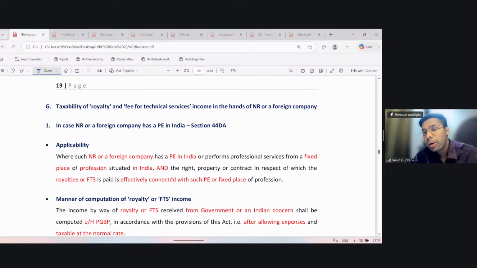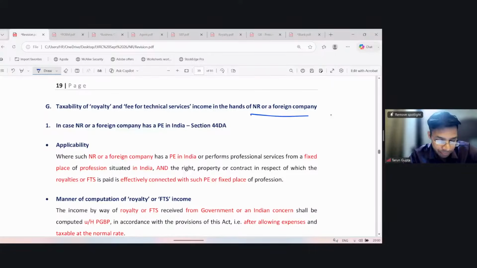Now we understand when the royalty and FTS shall be taxable, when it is deemed to accrue or arise in India. Right? We have understood the meaning of FTS and royalty. Now taxability of this income in the hands of NR or foreign company. In case the NR or foreign company has a PE in India, then Section 44DA applies.